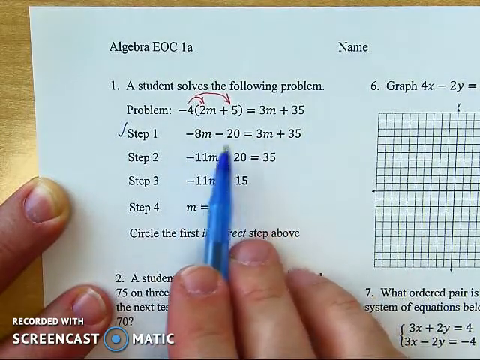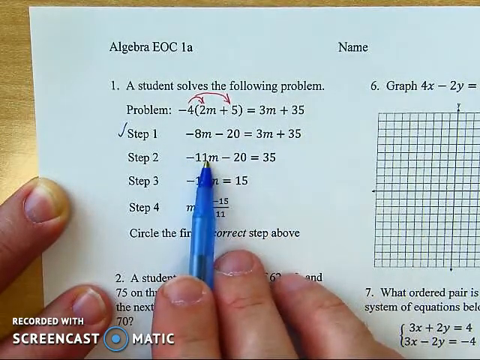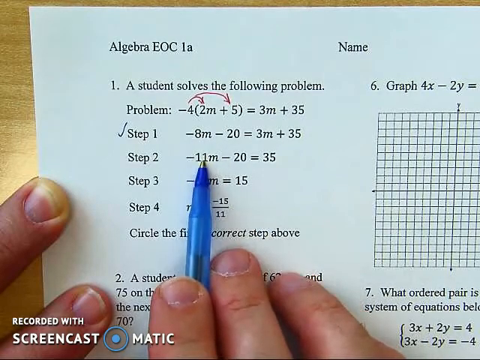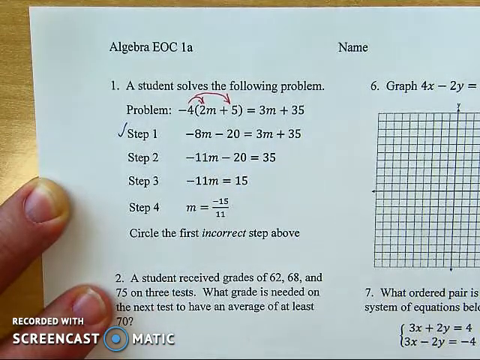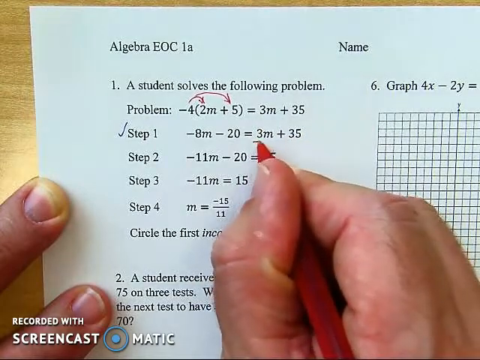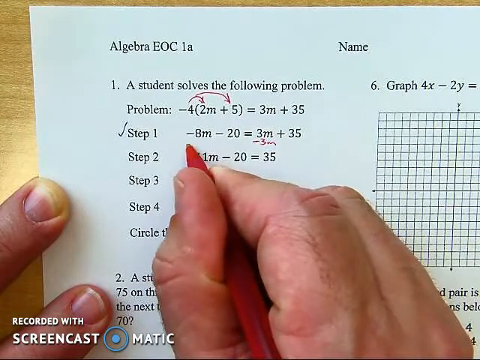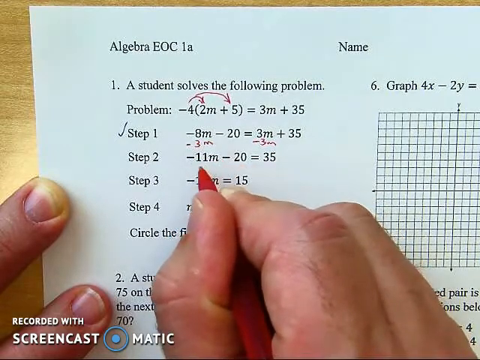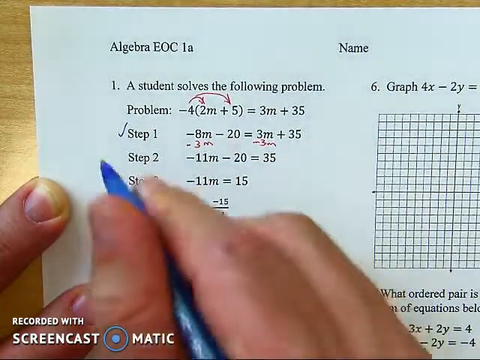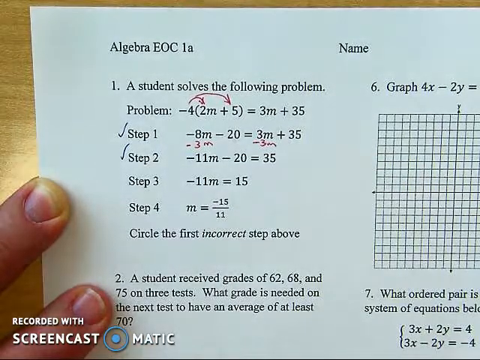Then, looking at step 1 and 2, I noticed these are different, and also the 3m is different, so they must have subtracted 3m from both sides. So 3m minus 3m goes away. -8m minus 3m does give me -11m, so that one's fine as well.